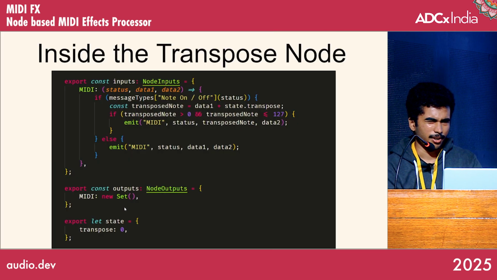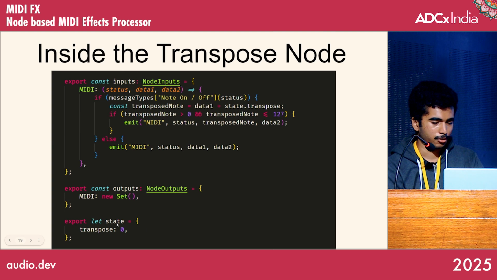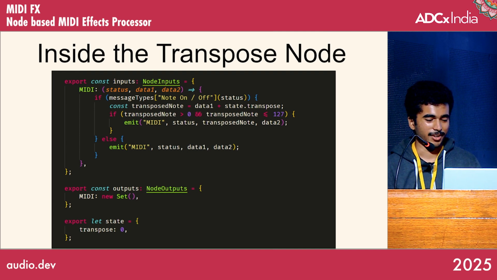So that's why it's used, but you usually don't have to mess with that. State is a variable, an export, that stores whatever parameters you want. And what's cool is this information gets stored in preset files and also in the local state of MIDI FX, because you don't always want to recreate the setup that you just made.